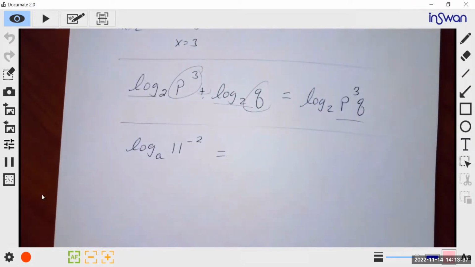What property can you use here? What property can I use there? The power, the product, or quotient?